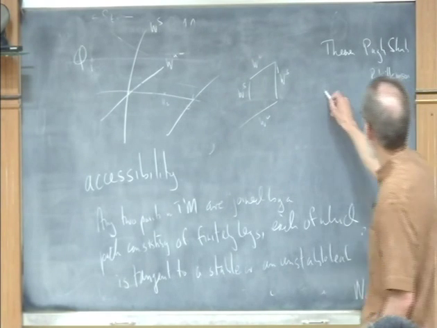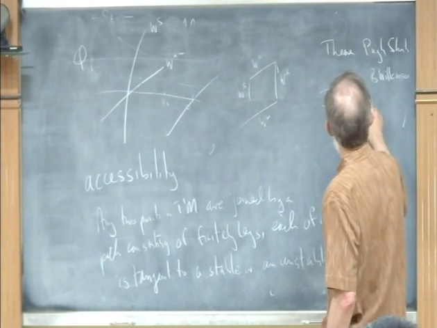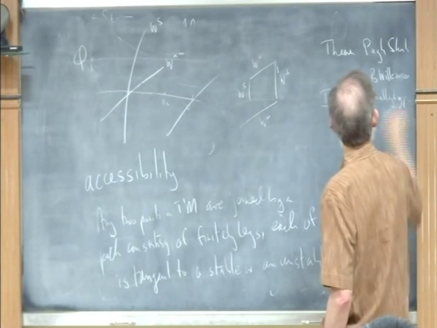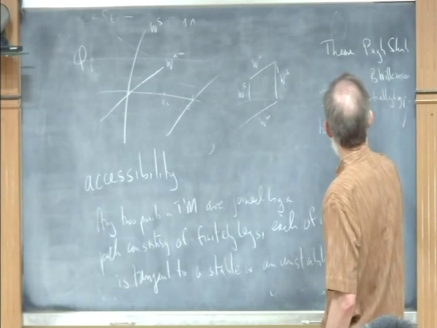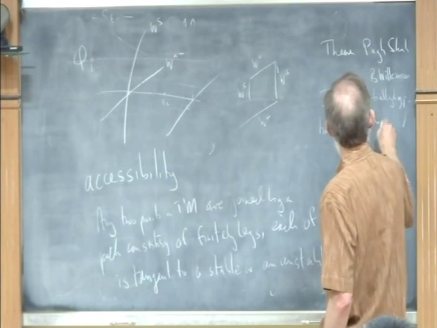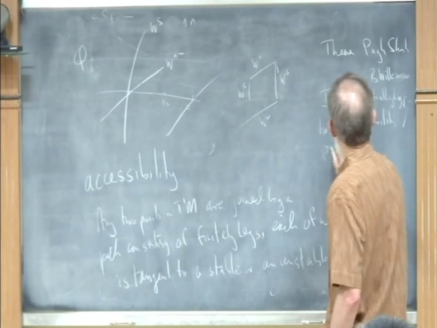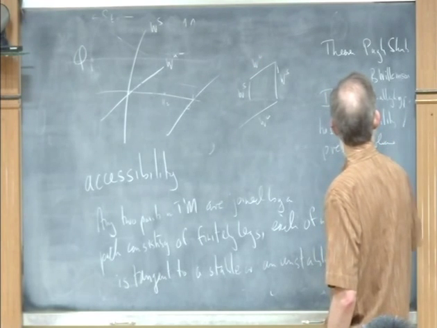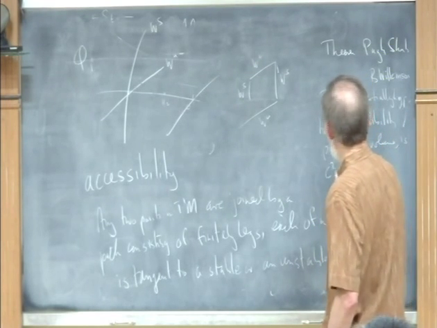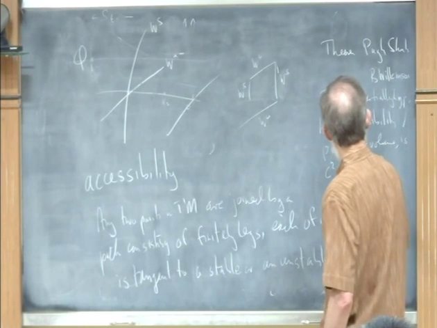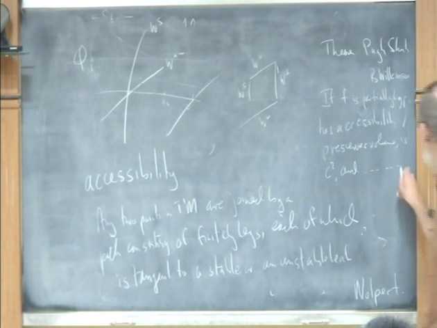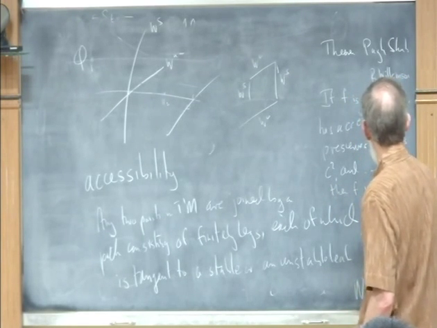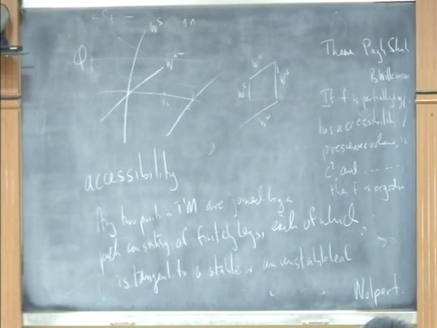And they sort of say that if f is partially hyperbolic, has accessibility, preserves a volume, is C2, and so on, then f is ergodic.